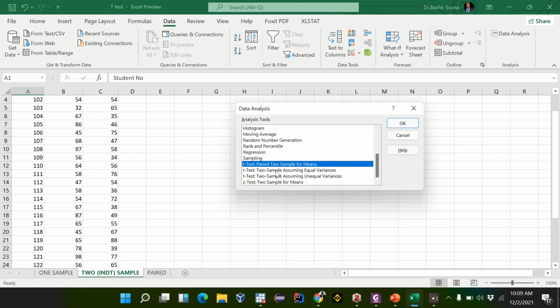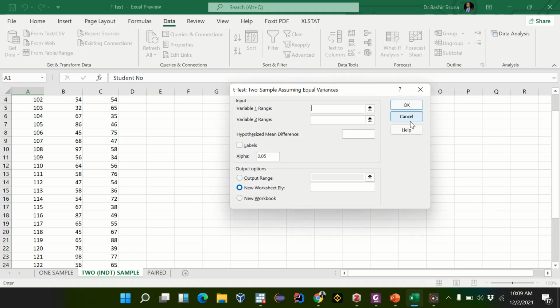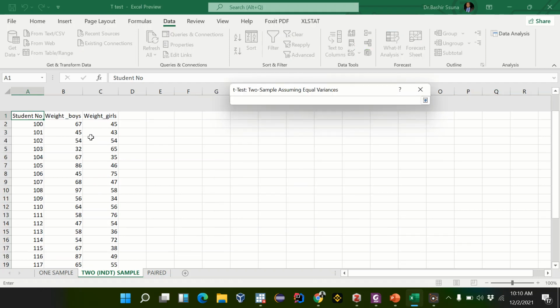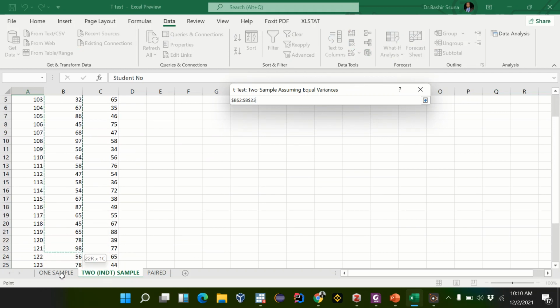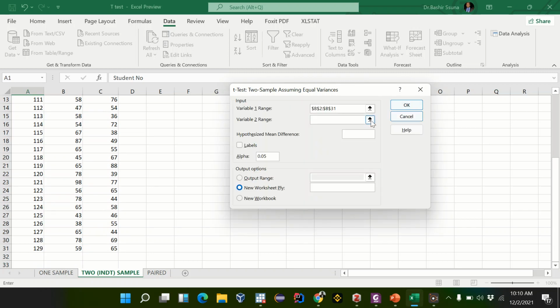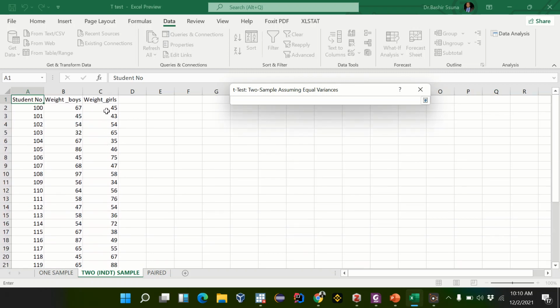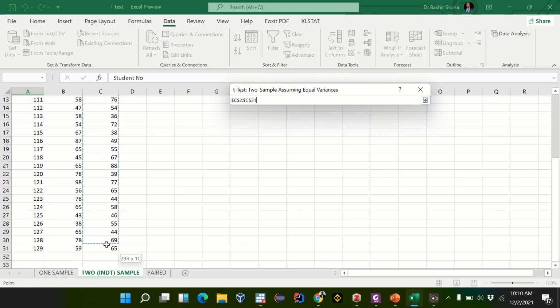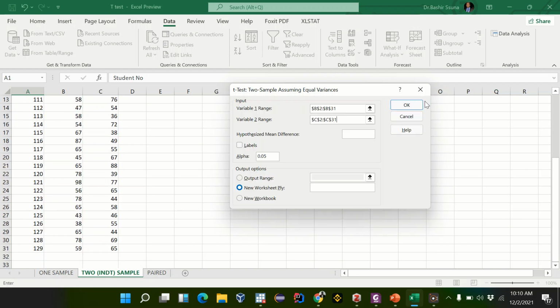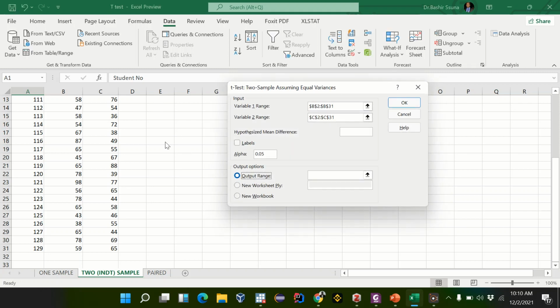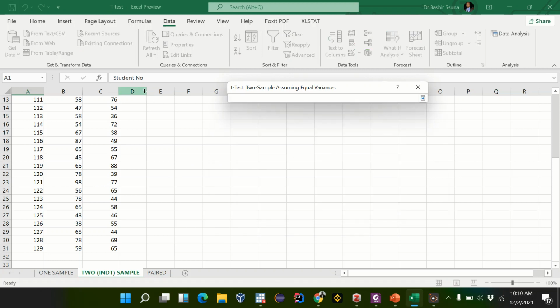There is a tool assuming equal variance or unequal variance. Let's assume equal variances, though the test won't change that much. So we put the first column, then we put the weights of the girls. We have no hypothesized mean, so we shall put our results here.